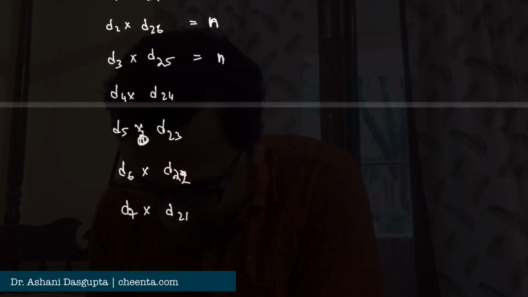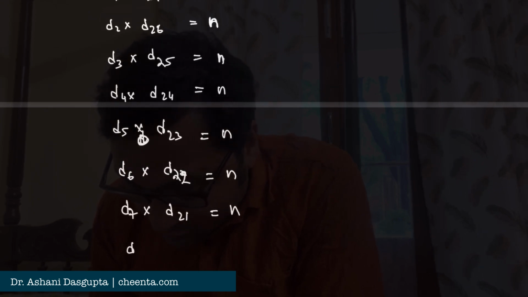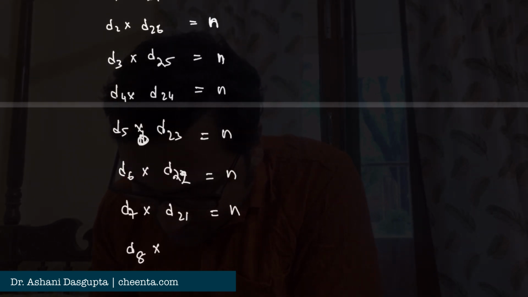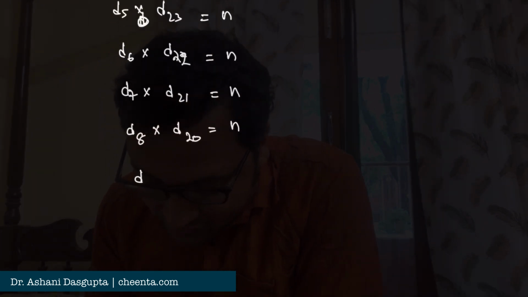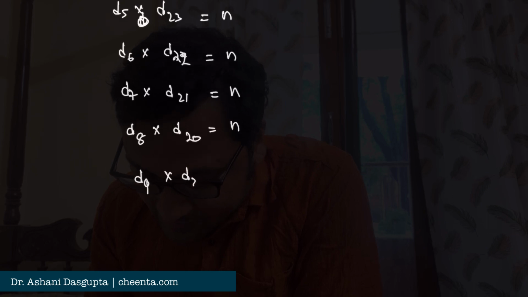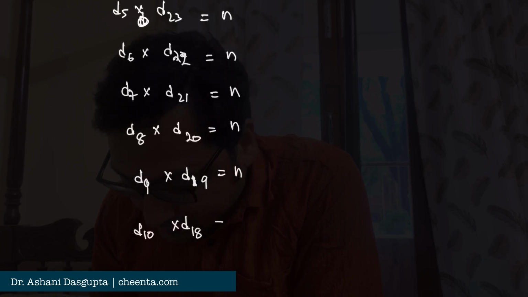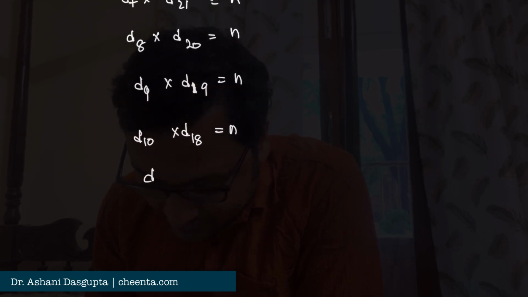You don't need to write down all of them, but I'm just explaining so you really understand what's going on. So these are pairs of divisors. And each of them multiplies to give you n, right?